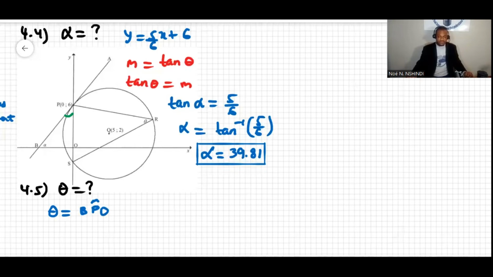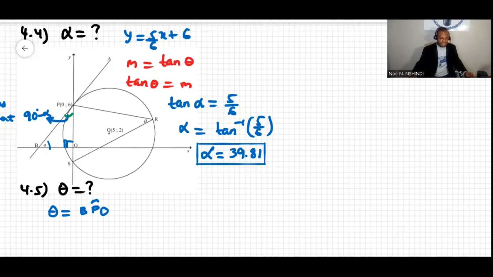What's then angle BPO? Because this is alpha, and then the y-axis. Over here we have a right-angle triangle, because the y-axis and x-axis are perpendicular. So now the angle at P is 90 degrees minus alpha, because this is alpha and this is 90 degrees, so this must be 90 degrees minus alpha for the sum of the angles to equal 180 degrees.